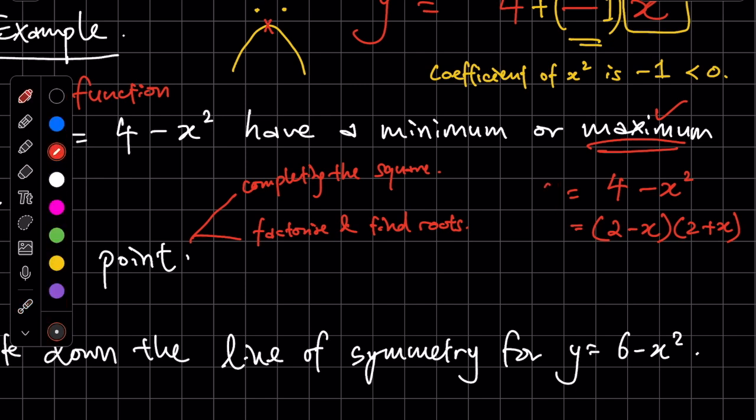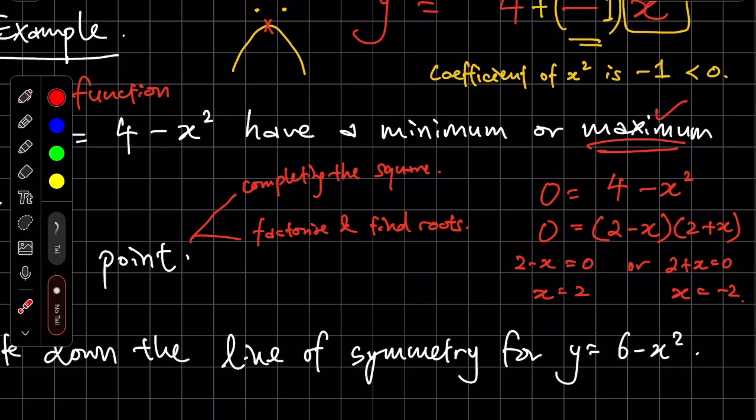You get 2 minus x equals 0, or 2 plus x equals 0. So x equals 2, x equals negative 2. So these are your two roots.